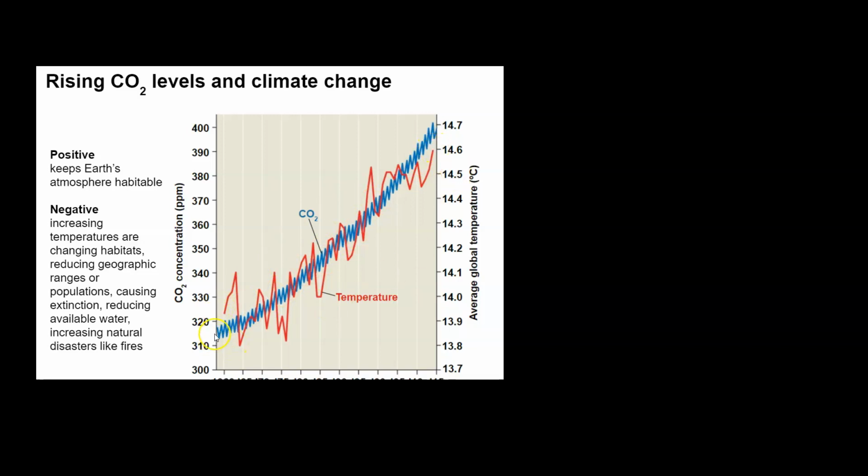And from 1960, for example, if we just take an average temperature of 13.9, we can see by 2015 we're already up to 14.5 to 14.6 degrees Celsius. So that's a significant temperature rise that is correlated in a fairly short amount of time.